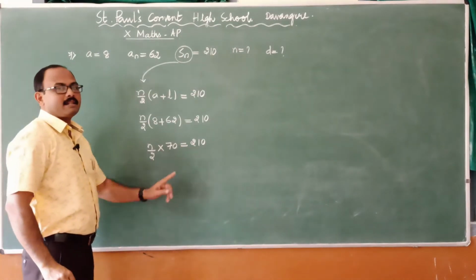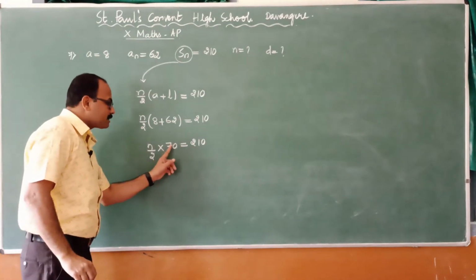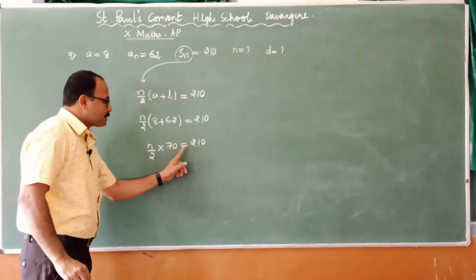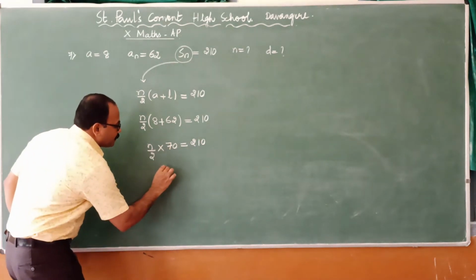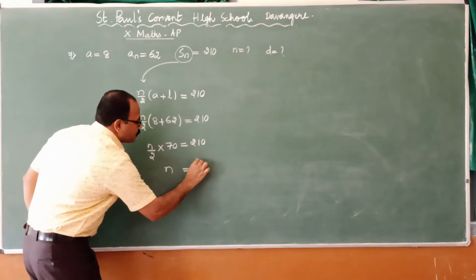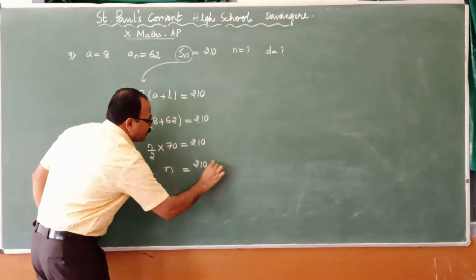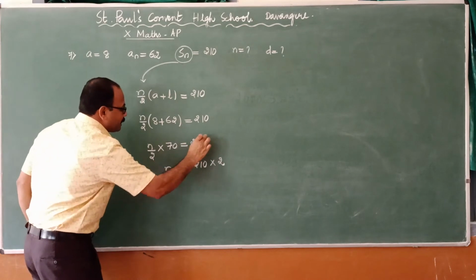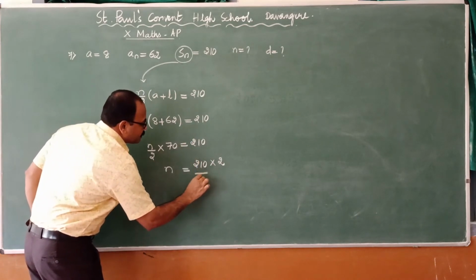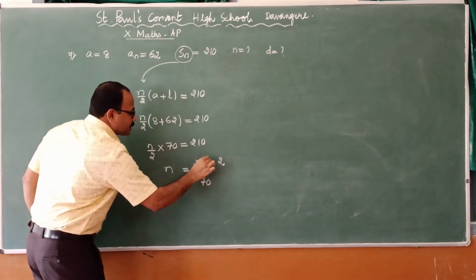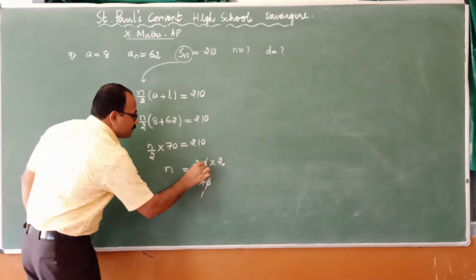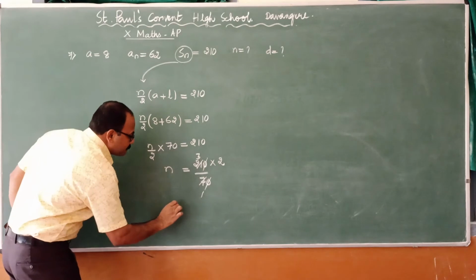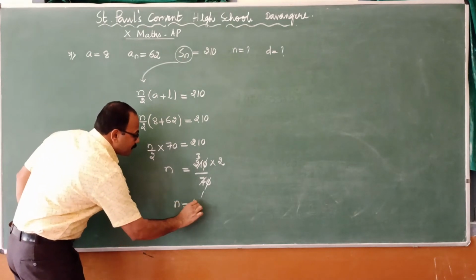These two can be cancelled, children. By cross multiplication, this comes down, 2 comes up. Therefore, n will be equal to 210 into 2 divided by 70. 70 times 3 is 210, hence n will be equal to 6.